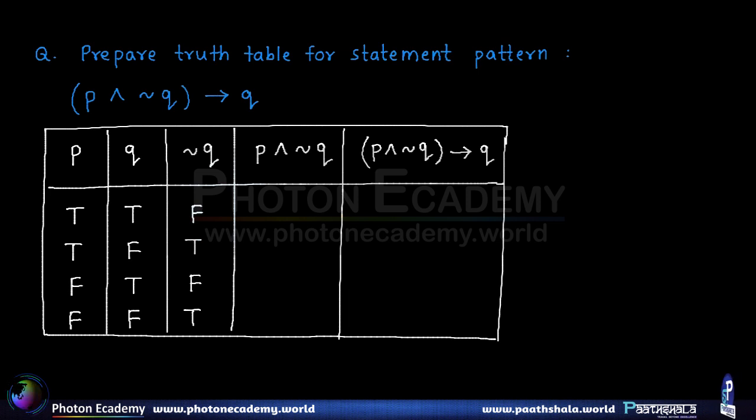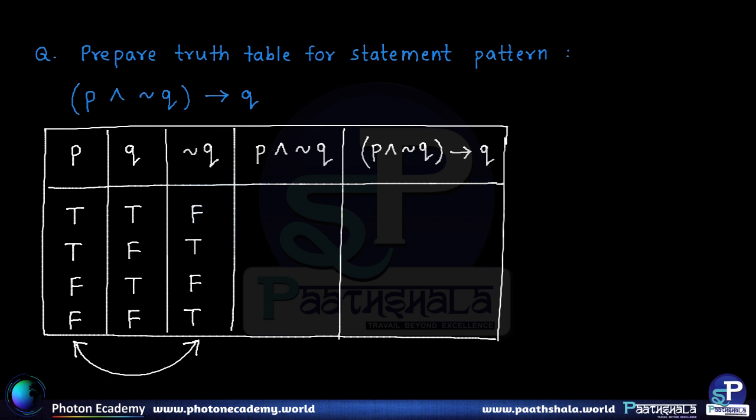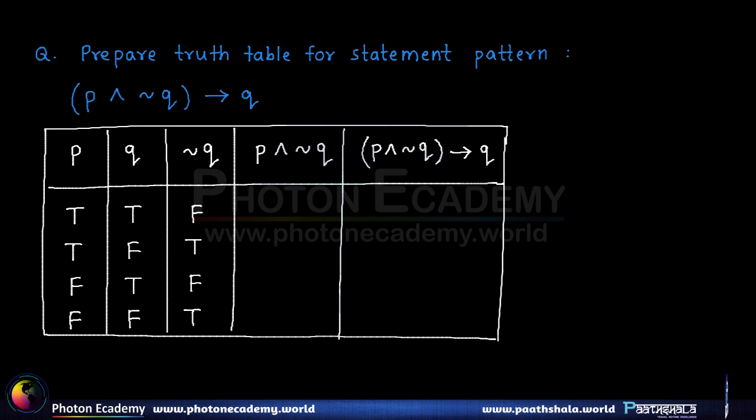Then next we have to do P and negation Q. That means the column of P and the column of negation Q is to be ANDed. When you remember the truth table of AND, that is a conjunction, we know that it is false when either of the statements is false, and it is true only when both of the statements are true. Okay.